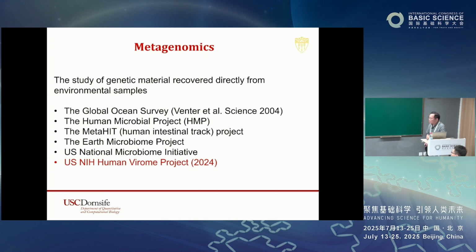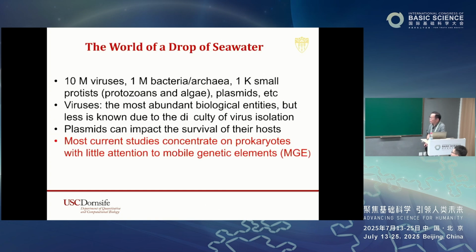For all those large-scale projects, we mostly concentrate on bacteria and archaea, with little attention to mobile genetic elements like phages and plasmids. Recently, the US NIH started the Human Virome Project, and its objective is to identify all the different viruses, including zoonotic viruses, as well as phages that affect the bacteria and in turn affect human health.